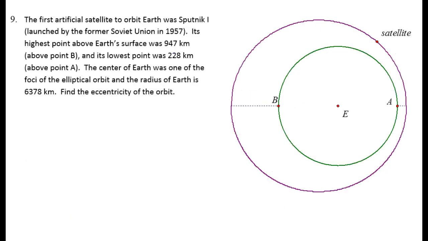All right, let's do one more word problem. The first artificial satellite to orbit the Earth was Sputnik 1, launched by the former Soviet Union in 1957.